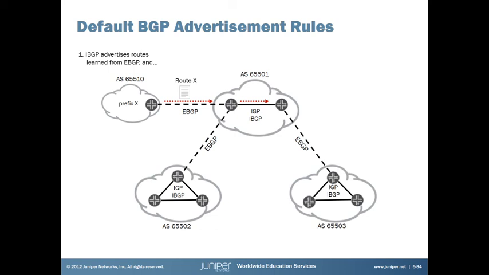So here is our router in AS5501 re-advertising those routes to its iBGP peer. eBGP advertises routes learned from iBGP or eBGP. So here it is, that BGP speaking router re-advertising the routes that it has learned from its iBGP peer.